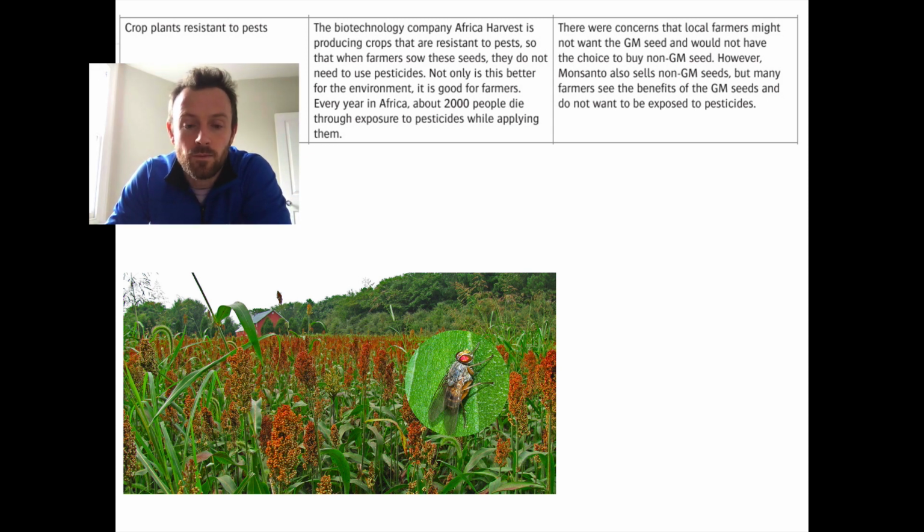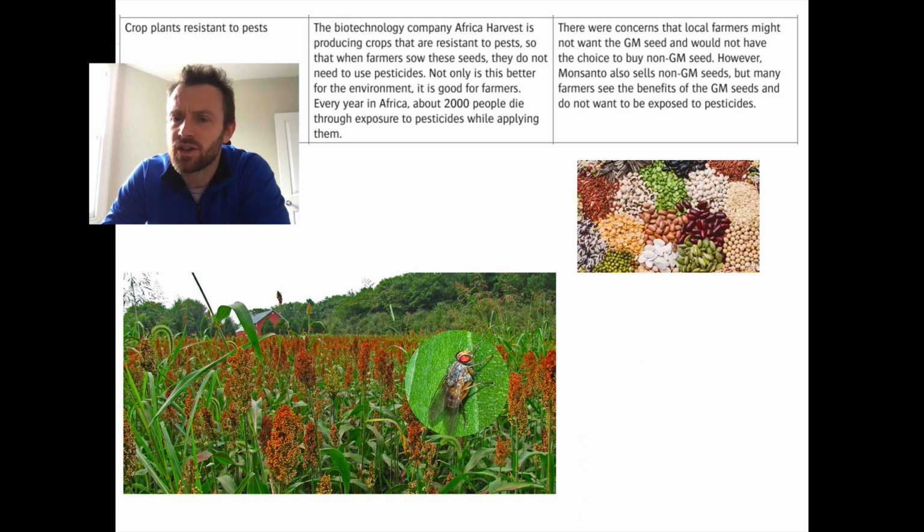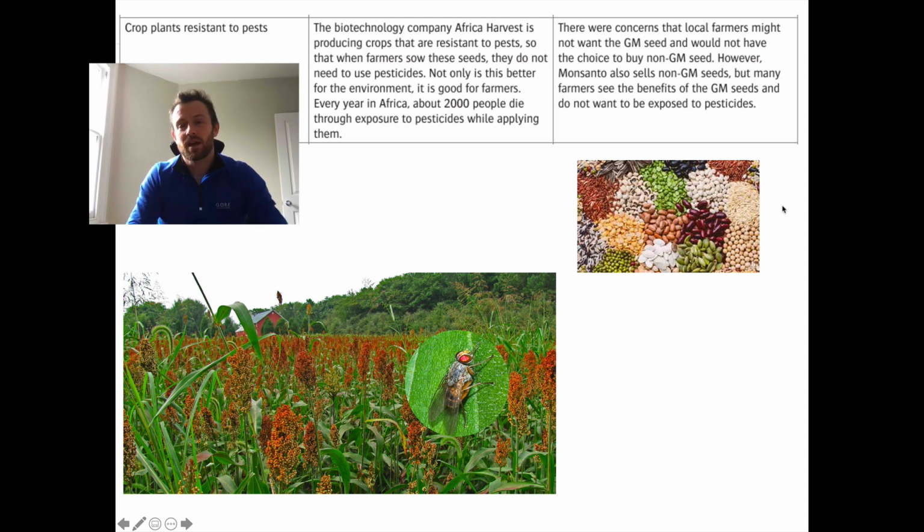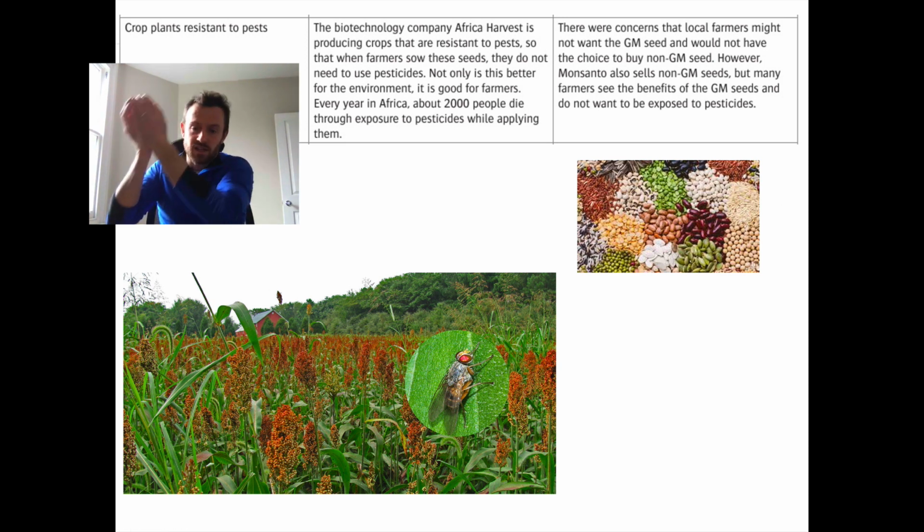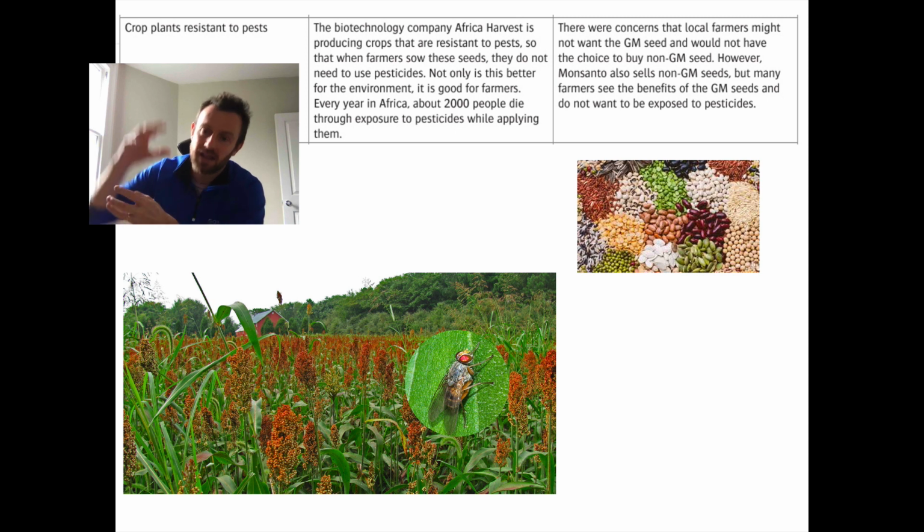We can try and engineer genes into sorghum that make it more resistant to pests. Now, a valid concern was that early on in the GM movement, companies like Monsanto were engineering their crops so that they wouldn't produce viable seeds. That meant that every year you'd sell your sorghum, but you wouldn't be able to replant the saved seeds for the next season. You'd have to go back to Monsanto and buy fresh seeds.